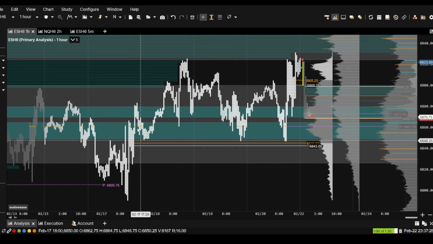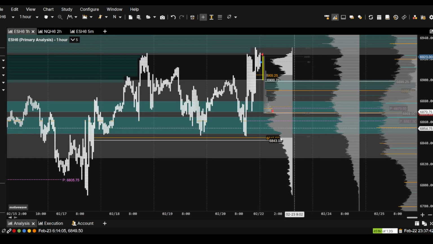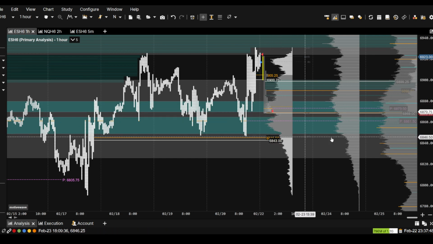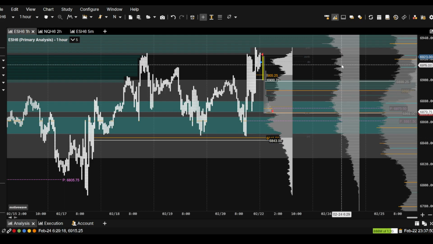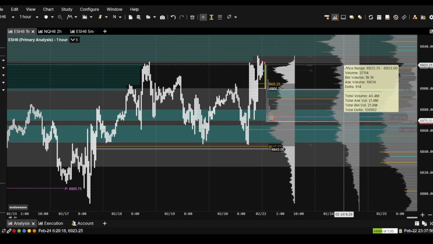We were accepting higher prices here, and a little accepting lower prices here until here. We saw rejection at this level because of what? See this high volume node, the edge of this 13 days composite volume profile, here.